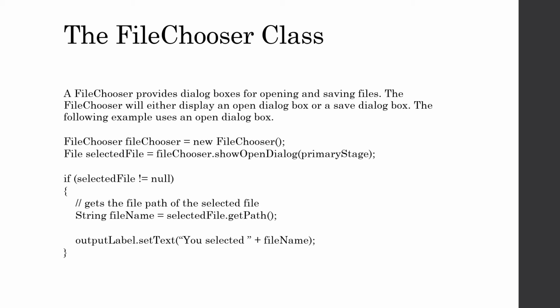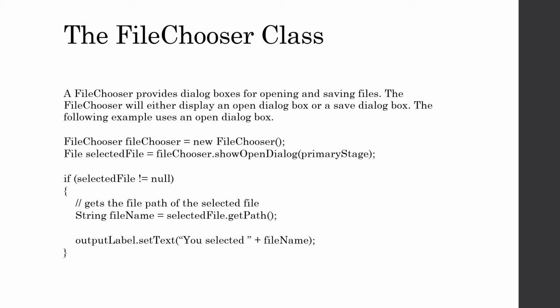The key difference is that now it's going to open up a file browser window, and depending on which behavior you've chosen, if you've chosen open dialog, then when you select a particular file in that browser, it's going to try to open that file, whereas if you're using a save dialog, it's going to assume that you have some content that you're trying to save, and you're going to specify a location where you want to save it.